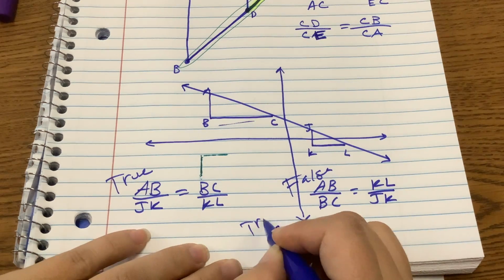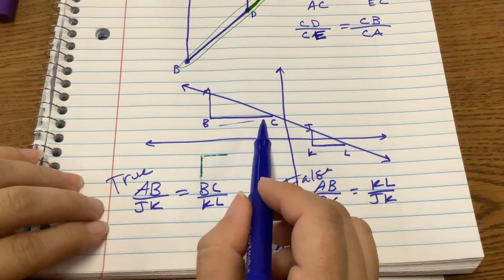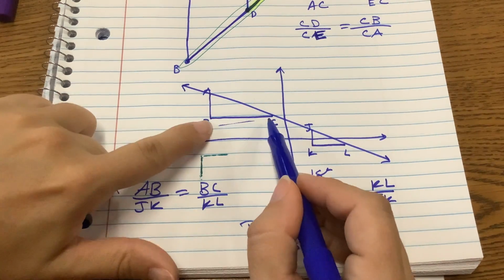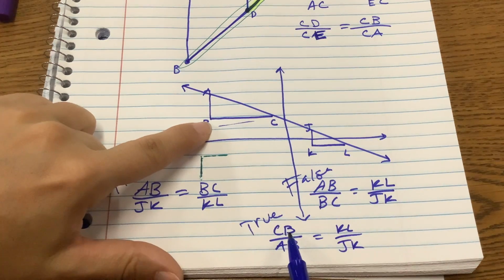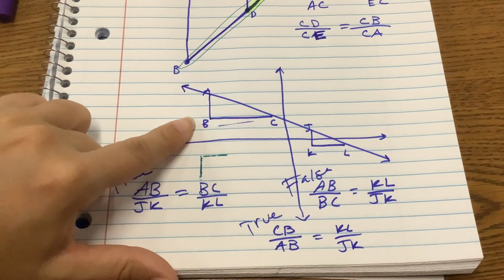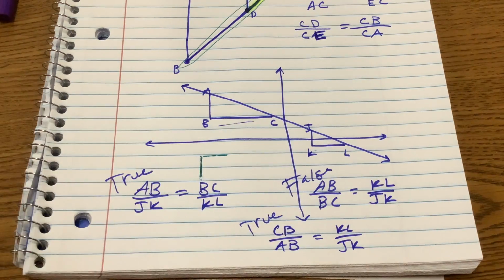It is true. Some people try to say false at first because we're tracing the line in a different direction, but it doesn't matter what direction the line is. It matters about the line segment itself, right? So this is CB. That's horizontal to vertical. And then KL is horizontal to vertical. So it still works.